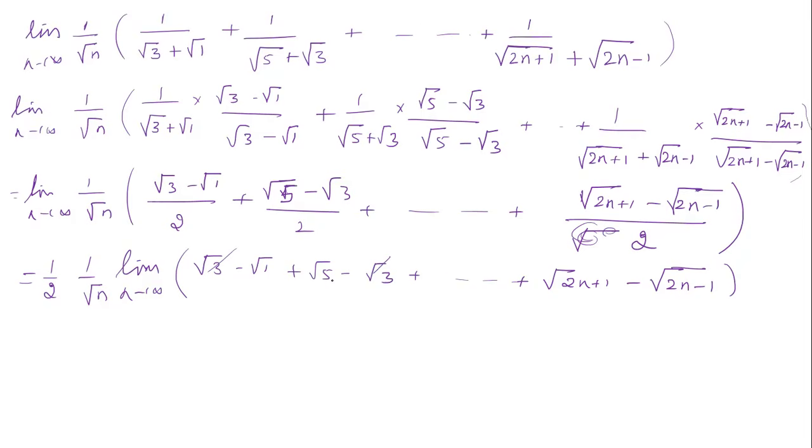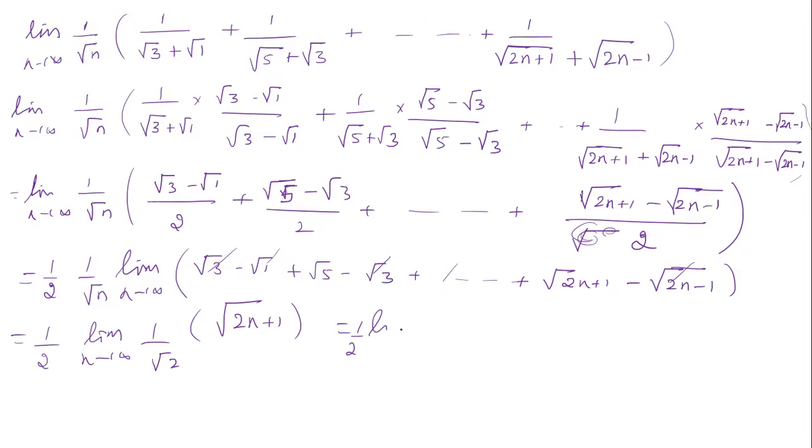This term, this term, all terms get cancelled. Left 1 by 2 limit n tends to infinity 1 by root n into root 2n plus 1.